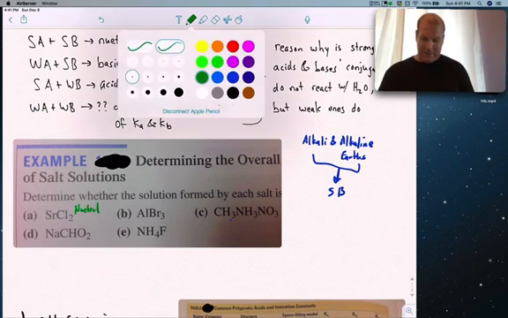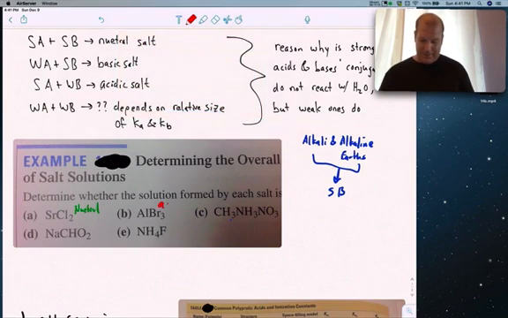Because of the strong acid and weak base, this is going to be acidic. And then C, methylammonium nitrate. Methylamine, CH3NH2, is going to be a weak base, and NO3 is from HNO3, so weak base and strong acid. This is going to be acidic.